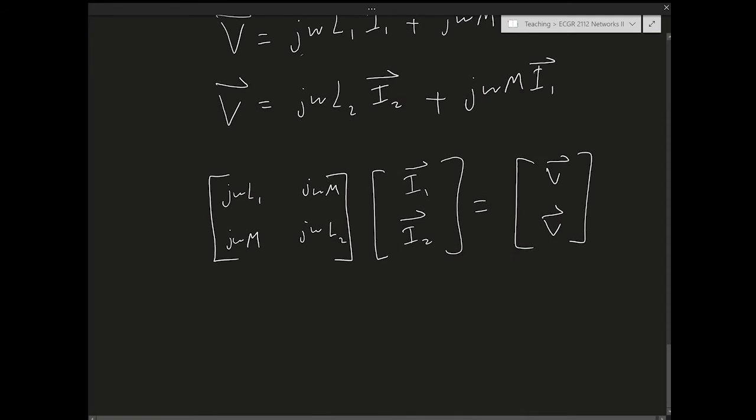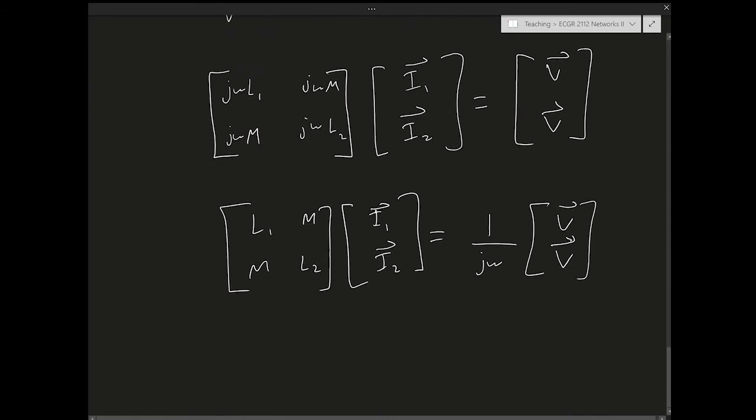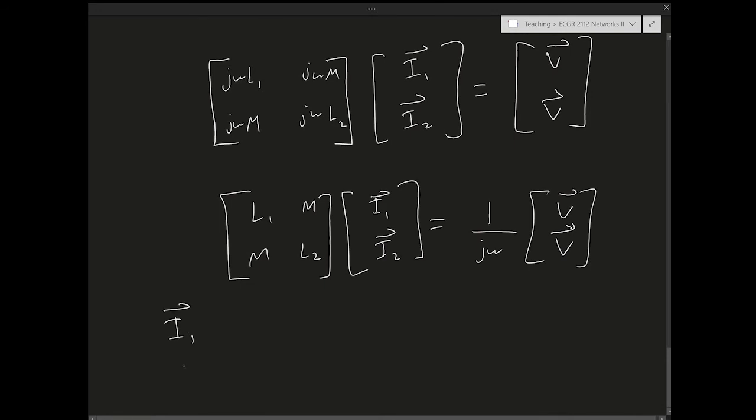What I can do here is take j omega out and send it to the other side, so this becomes 1 over j omega times V V, and this is I1 I2, and this is the matrix L1 M M L2. All I need to do now is invert this matrix, and I get I1 I2.